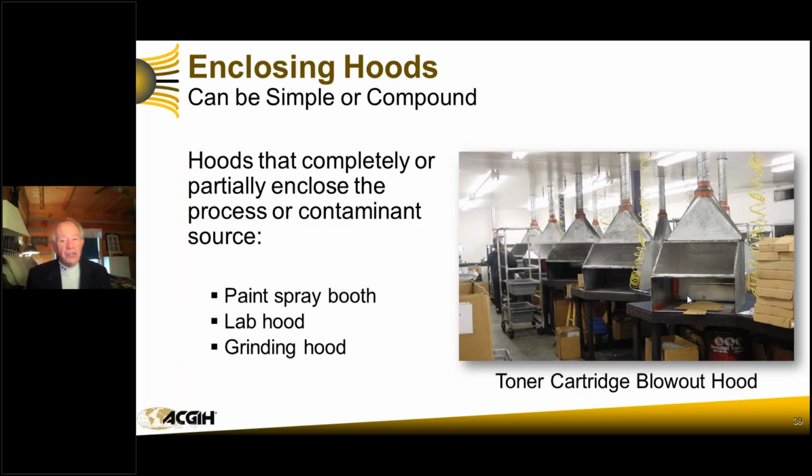My industrial engineer and I sat there and watched the people. What they do is they take toner cartridges and a small compressed air line, stick it in the toner cartridge that's being recycled, and use compressed air to blow it out. What happens? A bunch of black stuff comes flying out in their face.